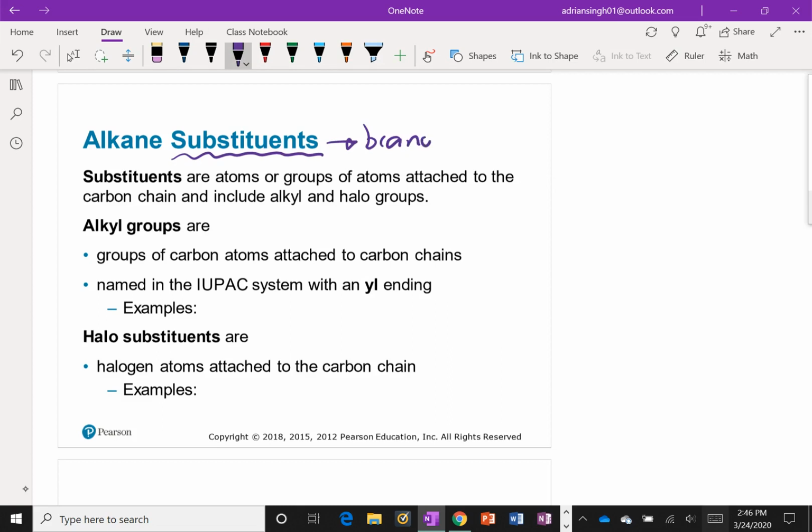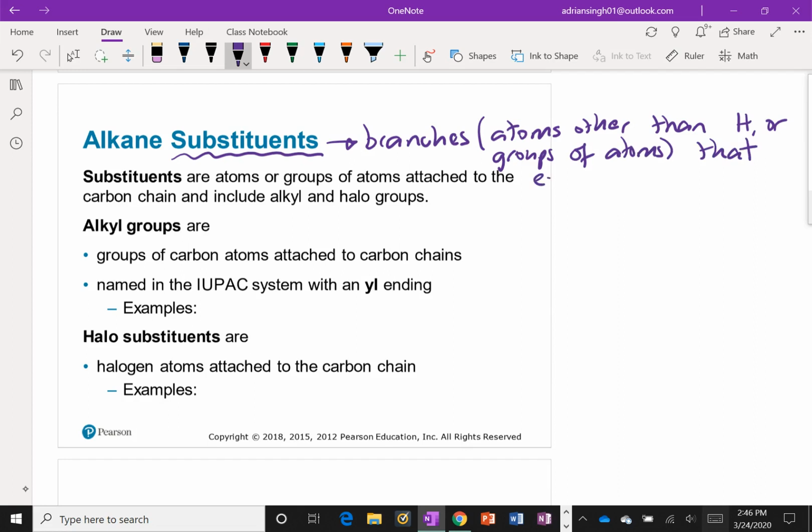So these are branches, and these can be either atoms other than hydrogen, or groups of atoms that extend from, or that are connected to, the longest carbon chain.